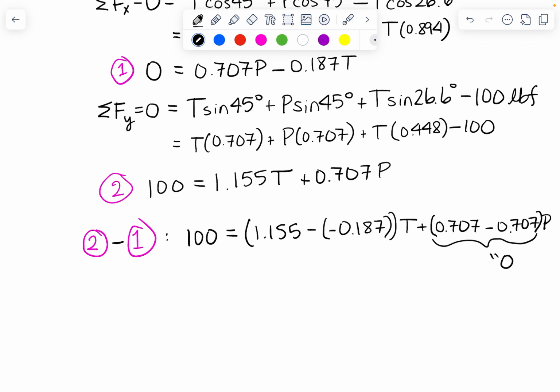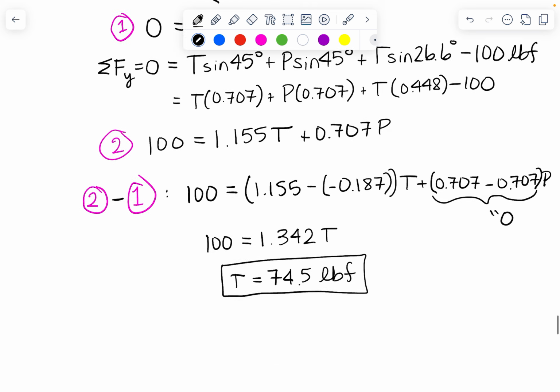So that's what I was seeing when I first set up this equation, that if I subtract this from this, this would go to 0. Okay, so then I have 100 equals 1.342 times T. So T is equal to 100 divided by 1.342. That's 74.5 pounds.